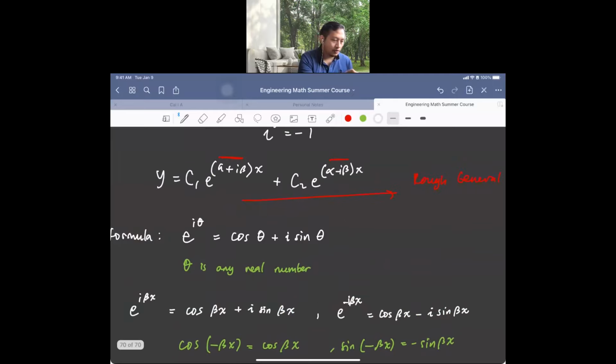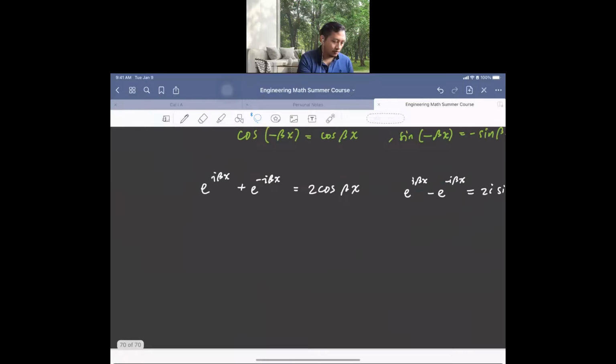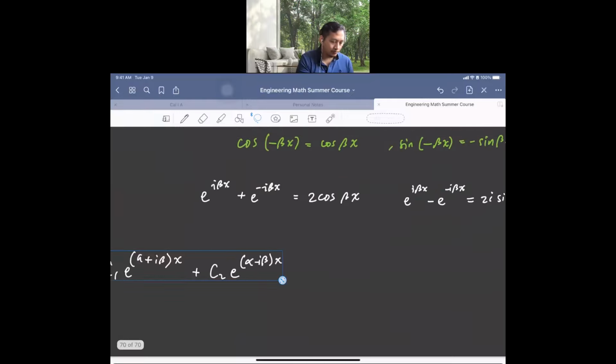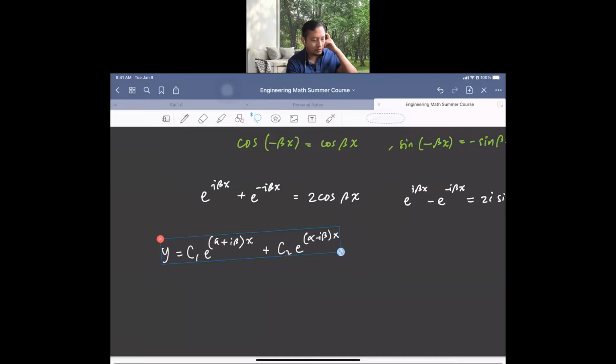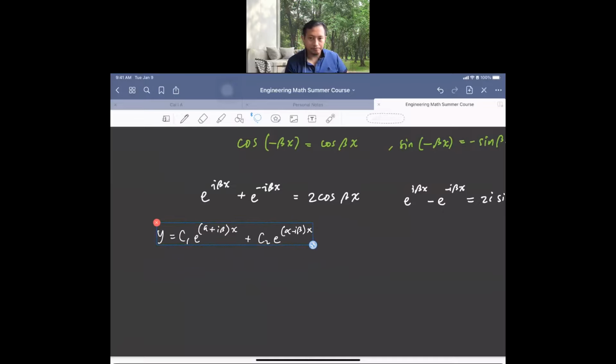Okay, since we have this as our solution, let me copy this. And what we are going to do is rewrite the solution. Since we have this as our solution, C1 and C2 need to be equal.